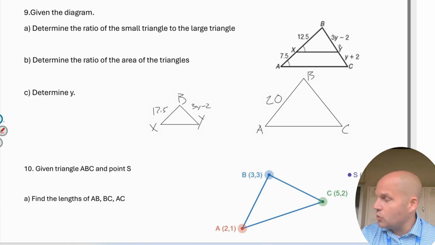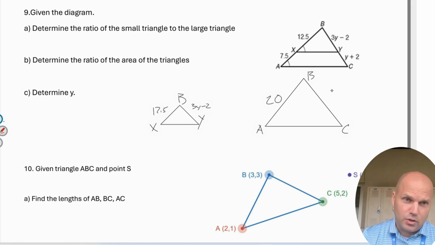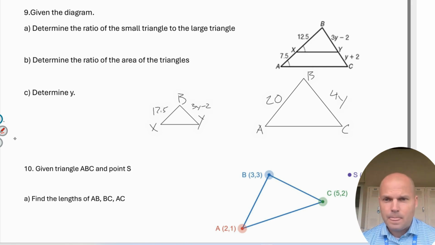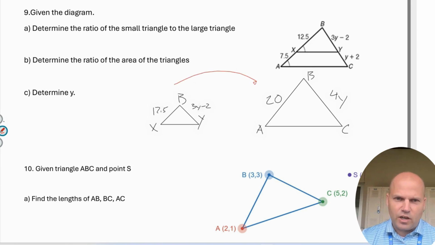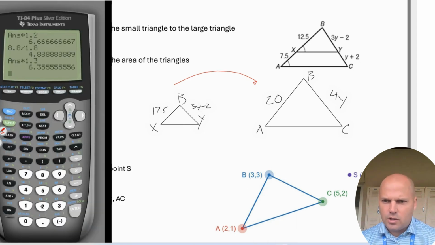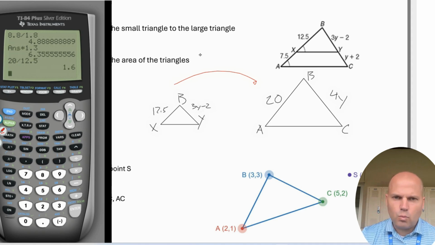This is 3y minus 2 plus y plus 2, which gives us 4y. Let's just figure out the scale factor and then apply it, or we can set up a proportion and solve. I will do both. 20 divided by 12.5 is how much bigger this triangle is compared to the other triangle. It's 1.6 times bigger. Cool.